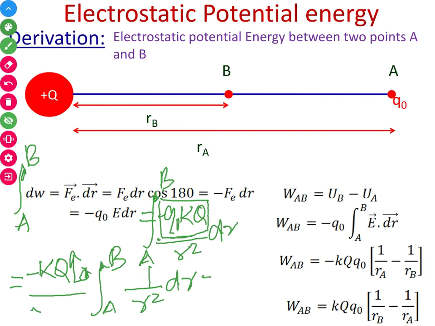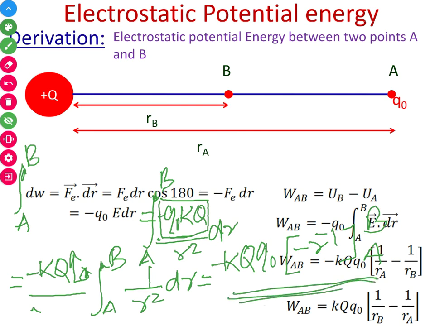and that is equal to minus KQQ naught times the integral of 1 upon R square, that is R to the power minus 2 into dr, which when we integrate gives minus R to the power minus 1, with limits A to B. So this is the integration, and if we put the values A and B here, we can easily find the expression.